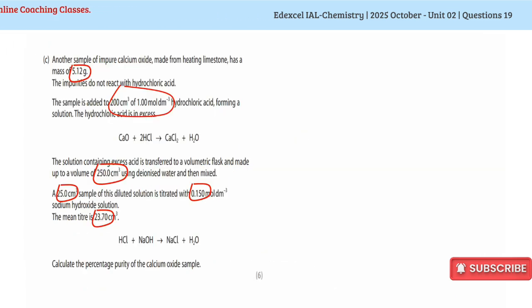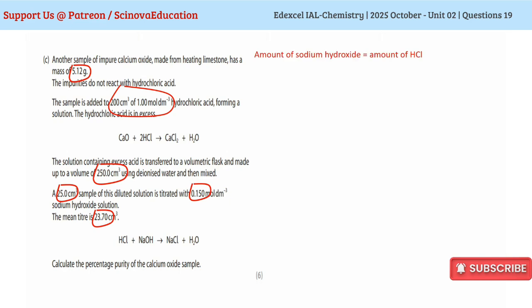So let's start the calculation. First of all, we can find the sodium hydroxide. We can go from bottom to top. First of all, we can find the amount of sodium hydroxide that is reacted, that is equal to the amount of HCl according to the second balanced chemical equation.